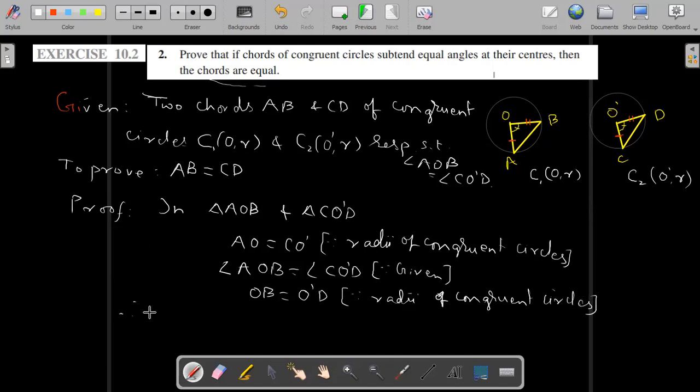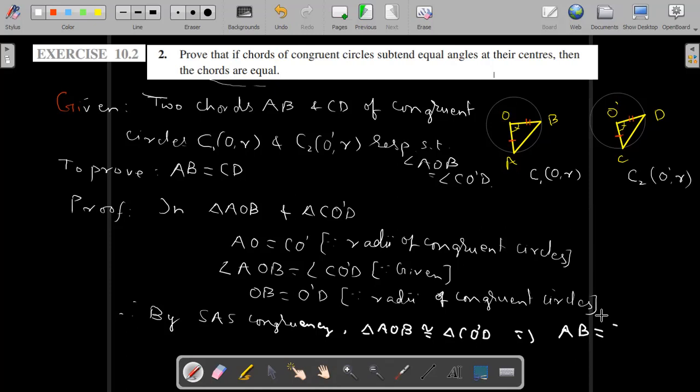So therefore, by side angle side congruency, we can say that triangle AOB is congruent to triangle CO dash D. Therefore, by CPCT, AB is equal to CD.